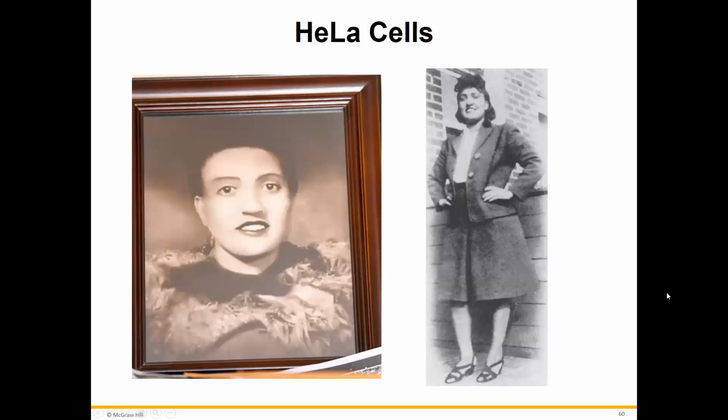And these are just a couple pictures of Henrietta Lacks that are pretty famous now. A book in 2010 was written about her life, and your next discussion board is going to revolve around Henrietta Lacks, and you're going to hear her story. It's pretty compelling and interesting, and I think you'll enjoy this one.